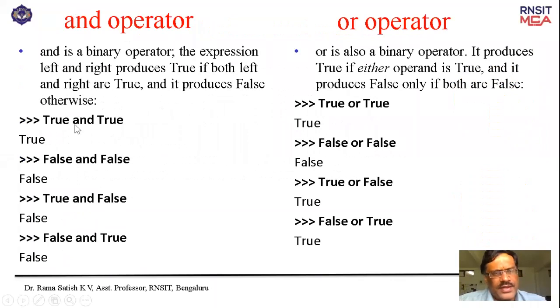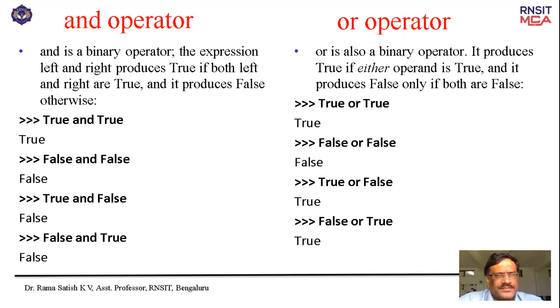Just like an AND gate and OR gate, true AND true is always true. False AND with anything is always false. In the same way, true ORed with any value is true. False OR false is always false. Okay, so that is with the OR operator and AND operator. Again, they are Boolean operators, so you can certainly do it.